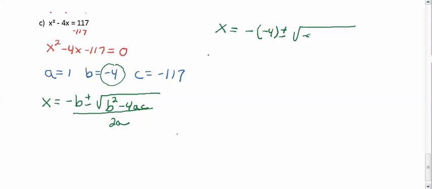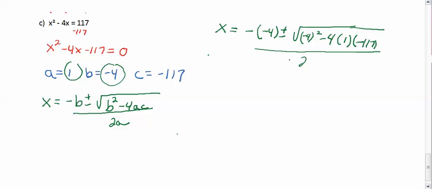It's going to be negative 4 squared minus 4, and my a is 1, times 1 times, and it's negative 117, all over 2, and my a is 1.